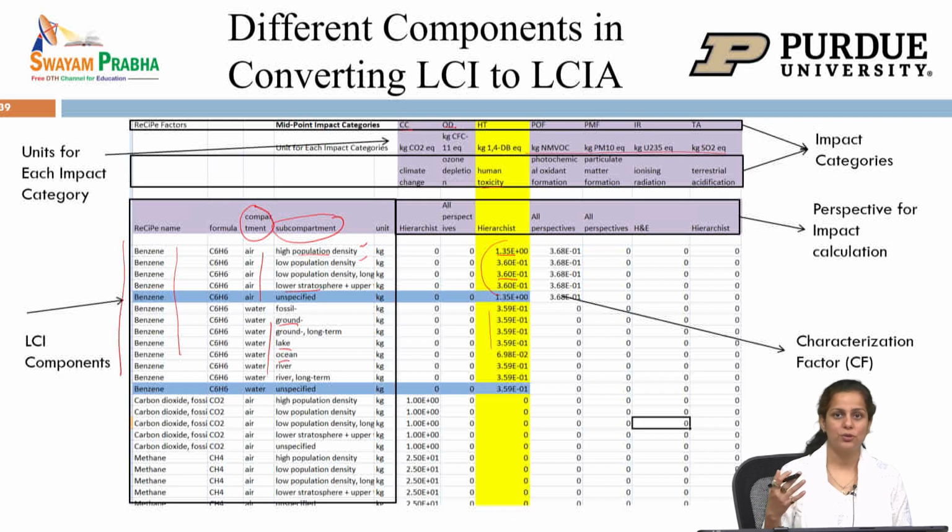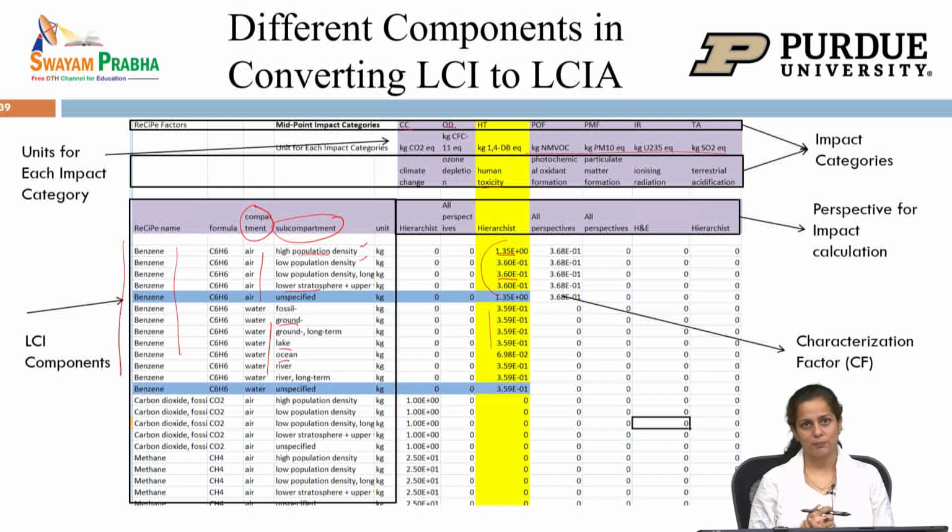Most of the time it is not available, and hence what we do is an average calculation. We might take an average characterization factor and just say this might be the potential impact. But there are these levels of detail available in impact assessment models that you may want to use if you have actual detailed information for each of your life cycle inventory components.